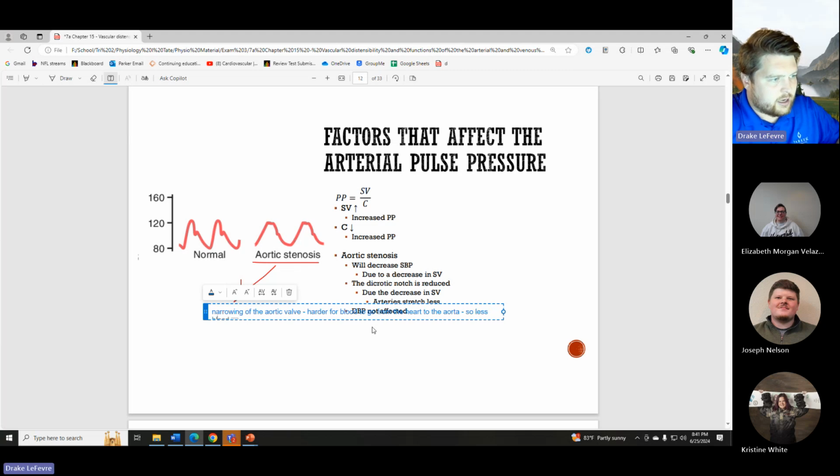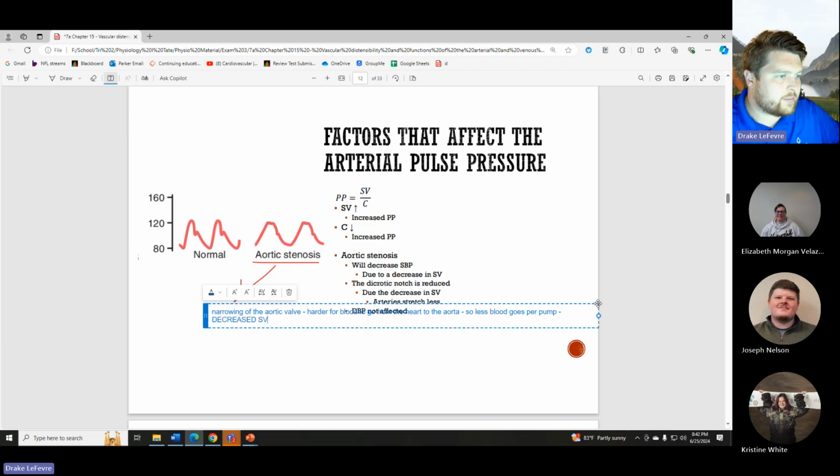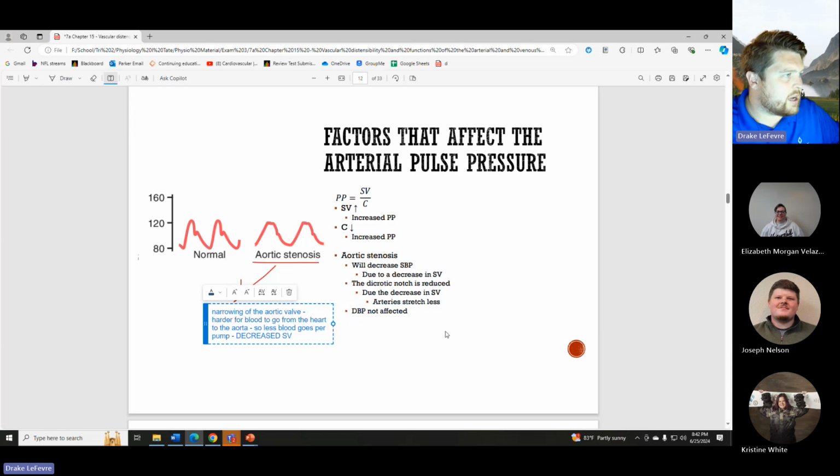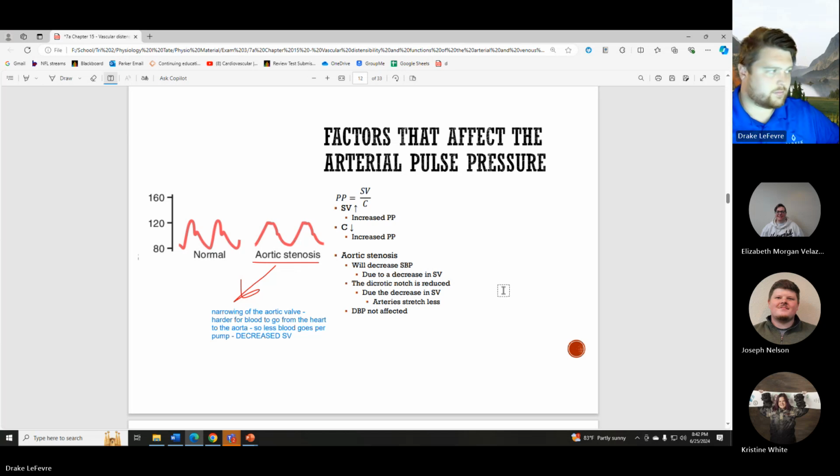So less blood goes per pump, aka decreased stroke volume. And we look back at our equation. If we decrease the stroke volume, what happens to pulse pressure? Decreased. Yep. We can even write example equations.